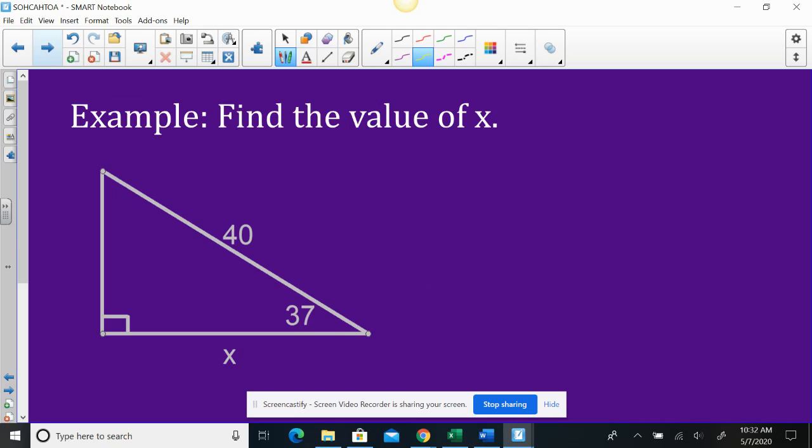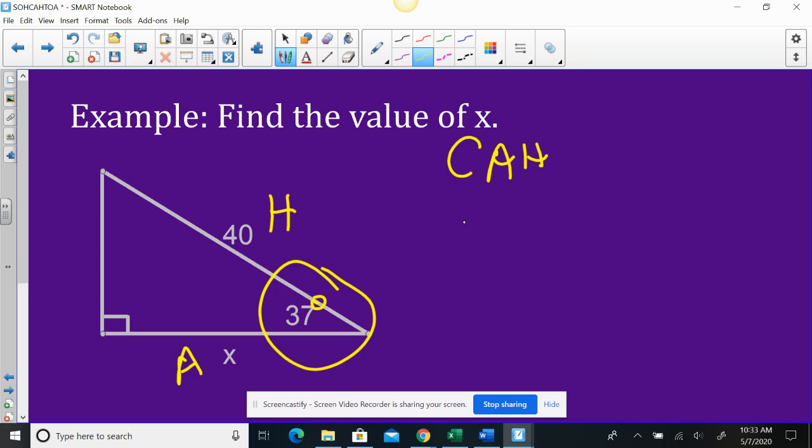Try it. Okay, here we go. There's the 37 degrees. This time I don't have anything opposite. I have my hypotenuse and I have my adjacent. So if I have AH, I'm going to use cosine. So cosine of my angle equals adjacent over hypotenuse.